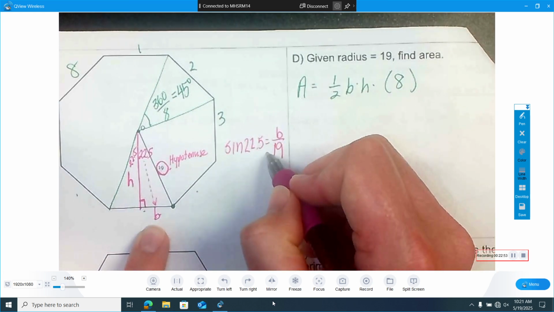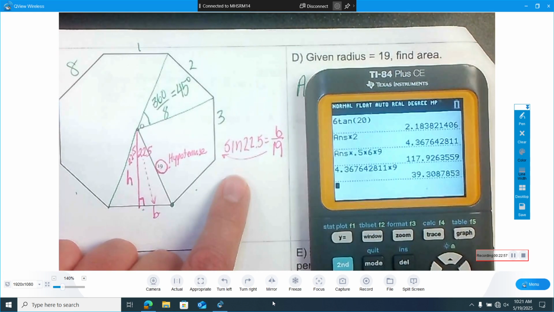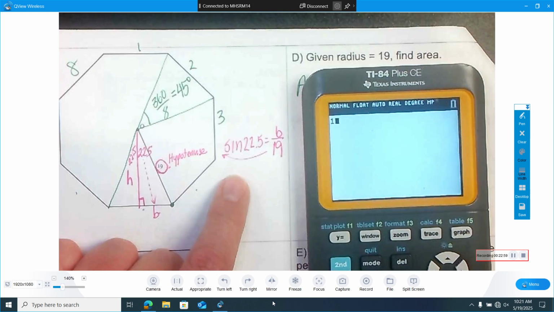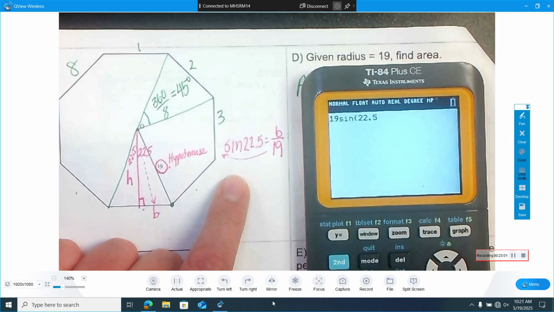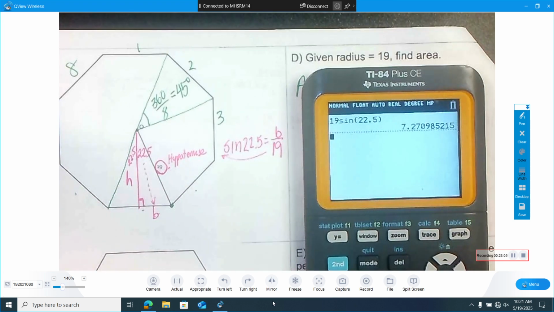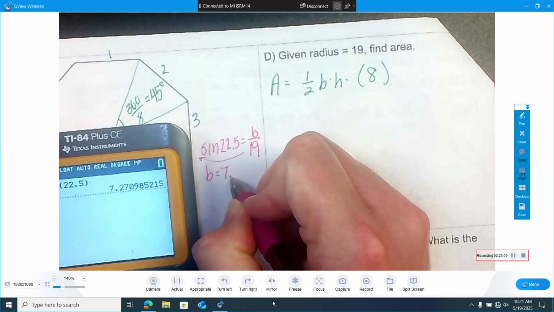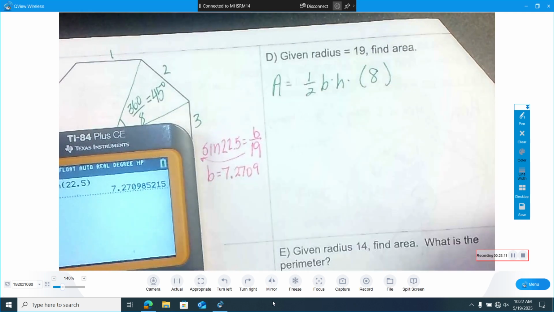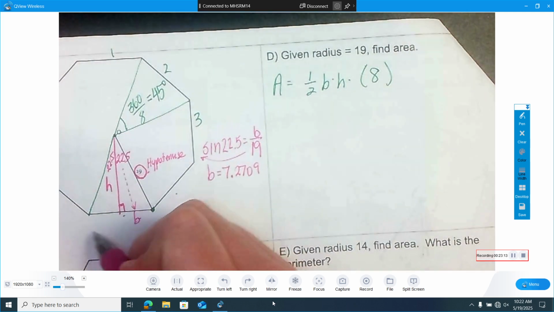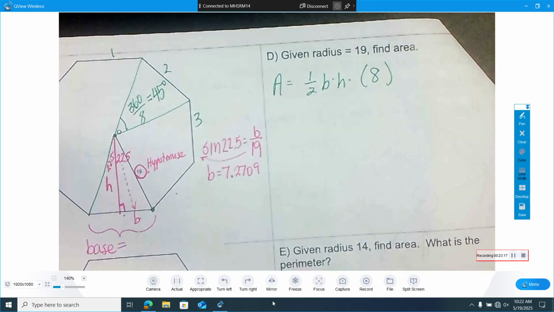And again, we just need to multiply that 19 to the other side so that I get 19 times the sine of 22.5. And there is 7.2709 for my little b. I still need the whole base. What's the whole base? 14.5419.